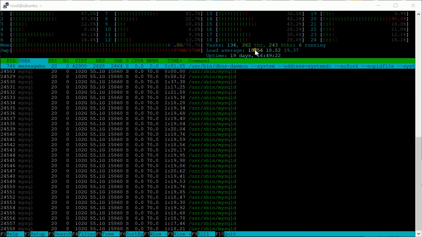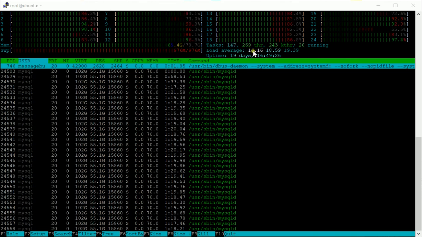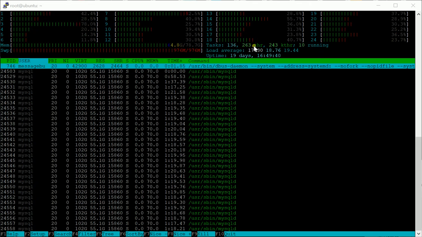So if we have 24 cores and a load average of 16, it means we have approximately 60% overall usage of that system. You just divide 16, or in this case 17, by 24, and you get 0 something, and times 100 you get how much percent is loaded on average.